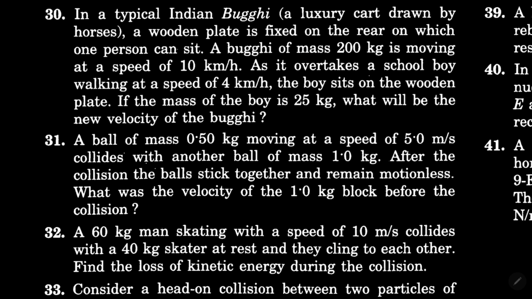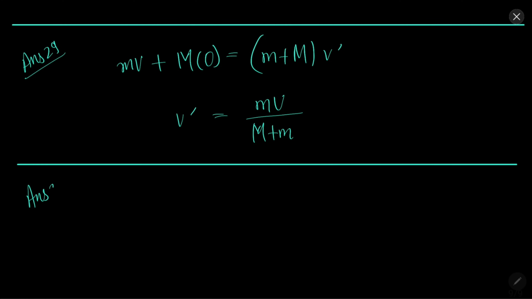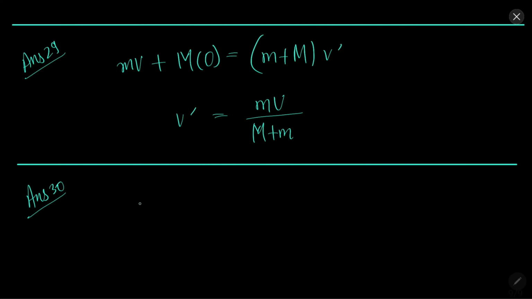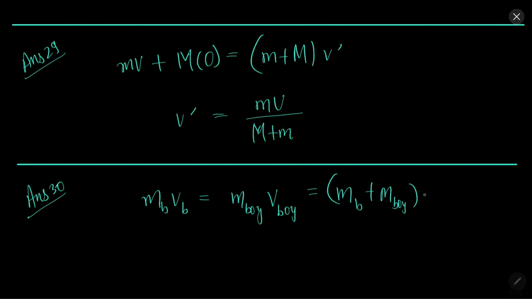In 30 there is a typical Indian buggy. Now if the mass of the boy is 25 kg, what will be the new velocity of the buggy? So solution 30. Again, by the conservation of linear momentum, we will have this: total is mass of boy plus mass of buggy into v.